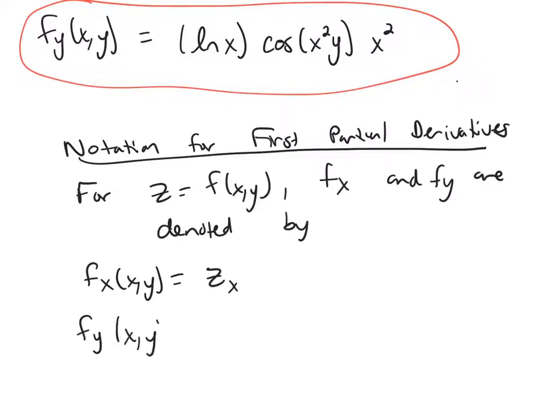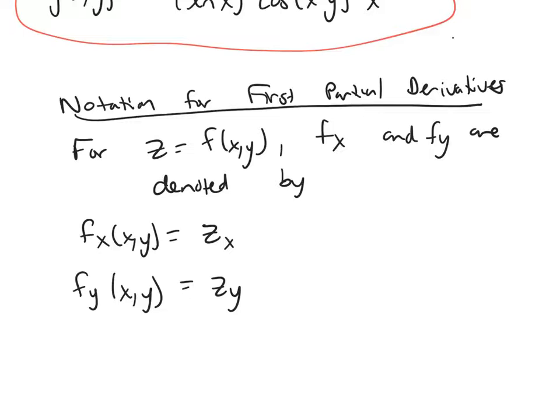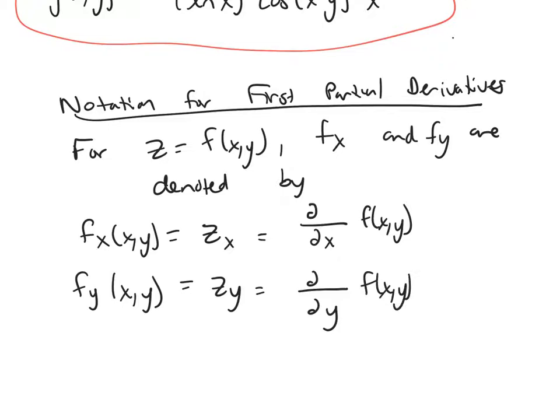The same thing for fy, you could write z sub y there. But we also use these other notations. The partial, that's kind of like a curly d there. It's not a 2. A partial with respect to x of your function. The partial with respect to y of your function. And it's the partial of z with respect to x, and the partial of z with respect to y.